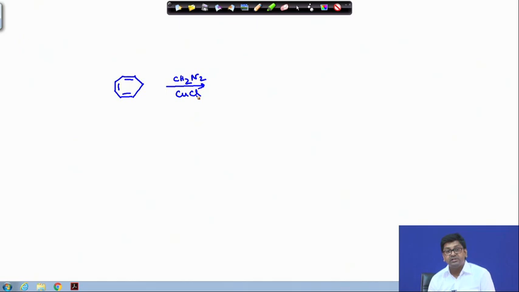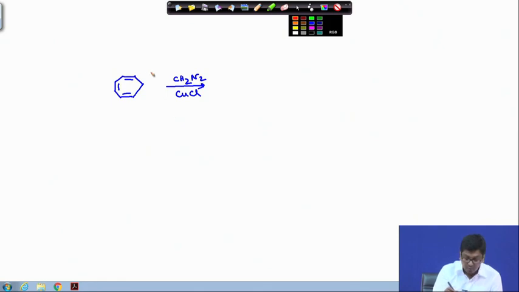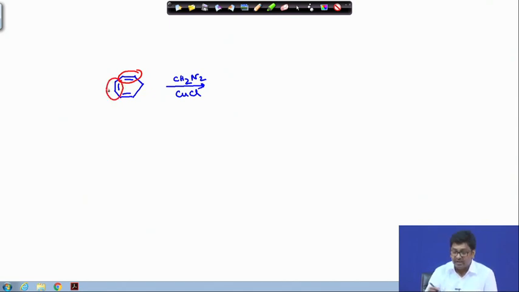Then definitely it will generate the carbene, and that carbene will undergo addition reactions to the available double bonds of this cycloheptatriene. There is a possibility that it can react with two different types of double bonds present here. These two double bonds can react. So, what will be the product in this case?